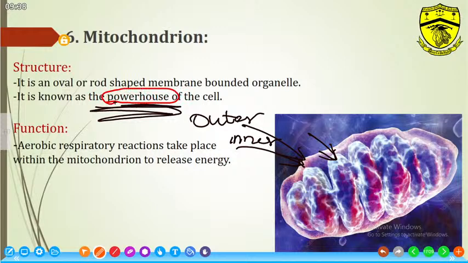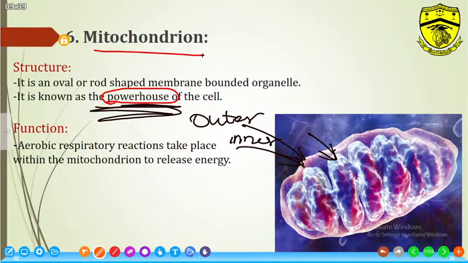That's an MCQ question, multiple choice question. Which part is called the powerhouse of the cell? Yeah, you got it. You say the mitochondria organelle.